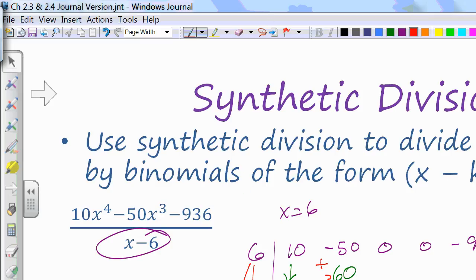Okay, now I take the 6 times the 10, and I get 60 again. Whoops, should be in green. We're going to be consistent here.